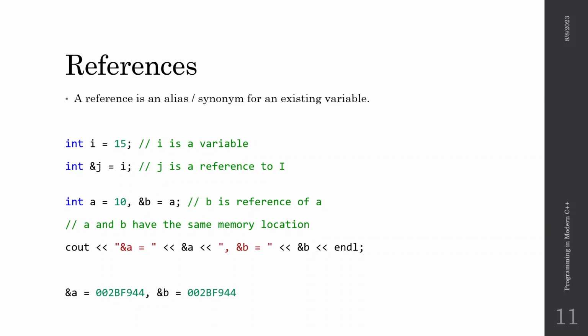Next, we have references. A reference is an alias or a synonym for an existing variable. Conceptually it is very similar to pointers. But pointers are error prone. When people use pointers, especially beginner programmers, it is very easy for them to make mistakes.